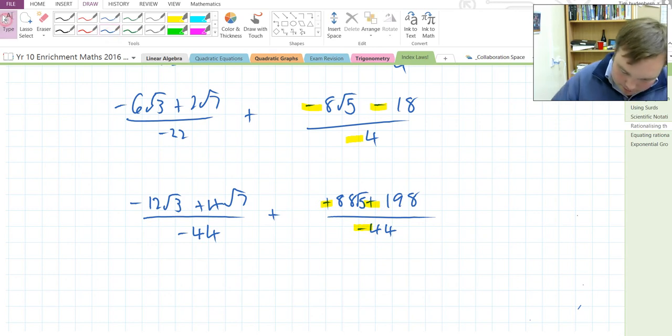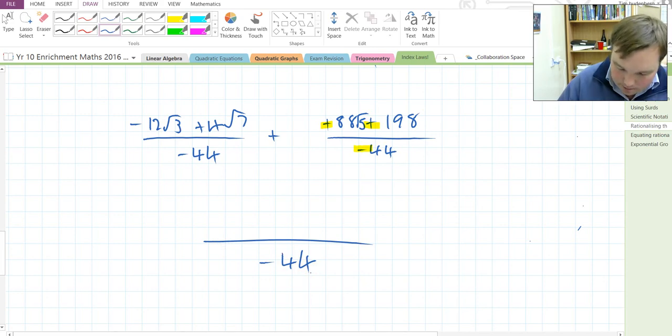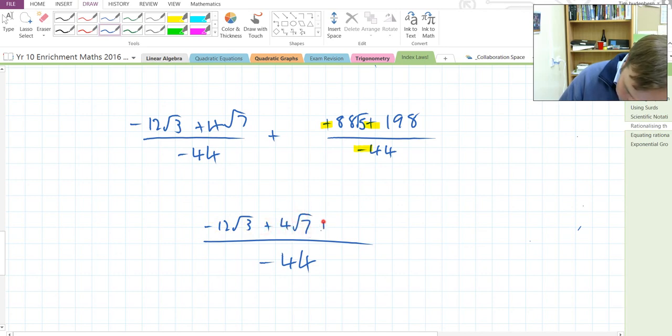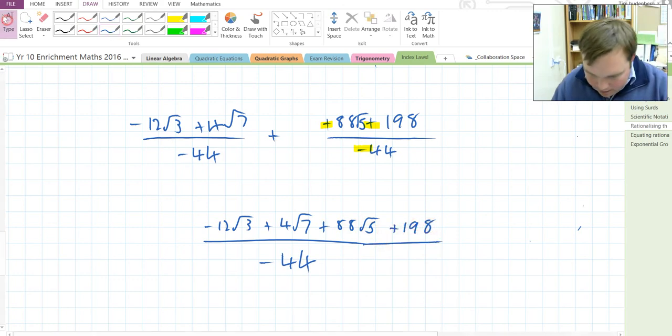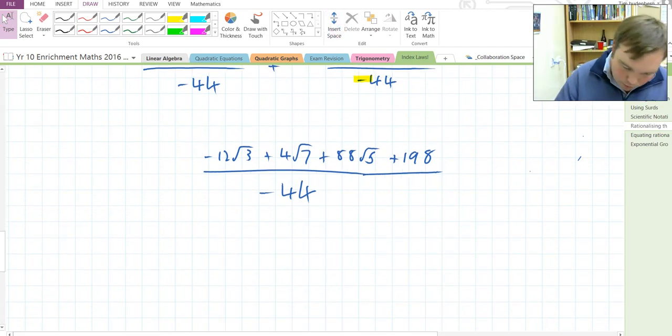Now, common denominator, so we can write as a single fraction over negative 44. On the top, there are no like terms, so we're just going to rewrite the entire thing. Minus 12 root 3 plus 4 root 7 plus 88 root 5 plus 198. Now, strictly speaking, I suspect 4 can come out of all of them, so we should eliminate a common factor of 4.